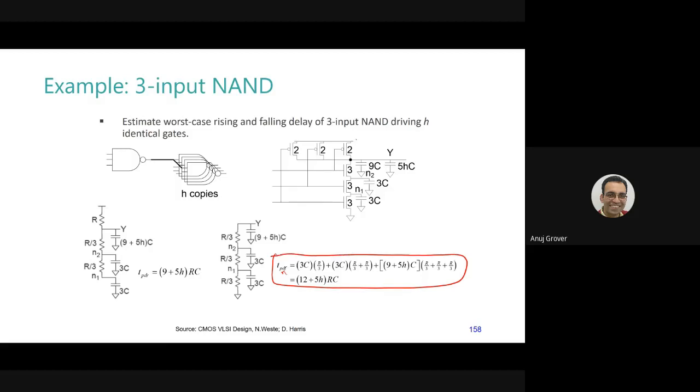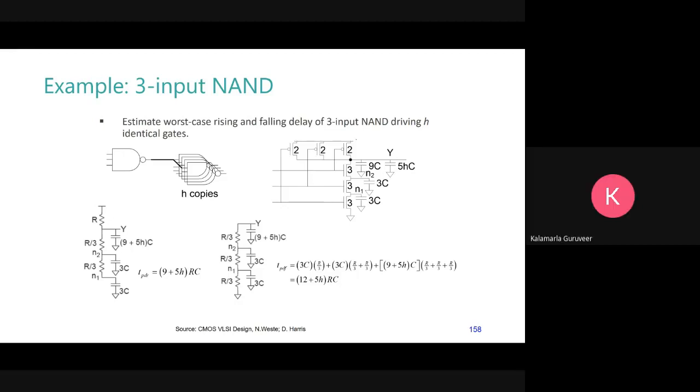So 3C is R by 3, this 3C is 2R by 3, and this (9 plus 5H) C is R. That is the model over here. You're with me? Hello, sir. Yes.